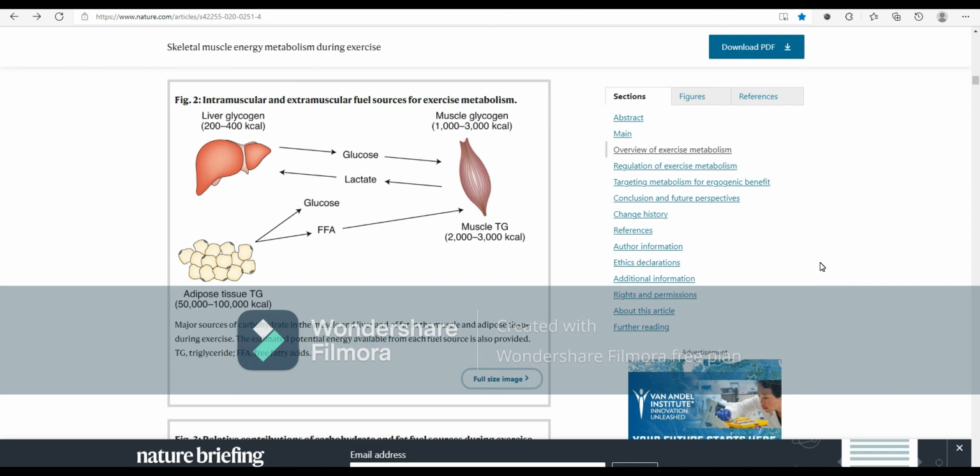All of those tissues are responsible for providing us with energy, but with a particular combination of intensity and duration. For example, muscle glycogen we can utilize during high intensity and a short duration.